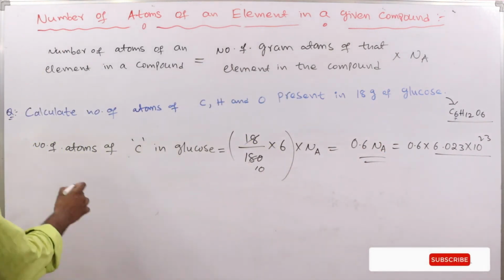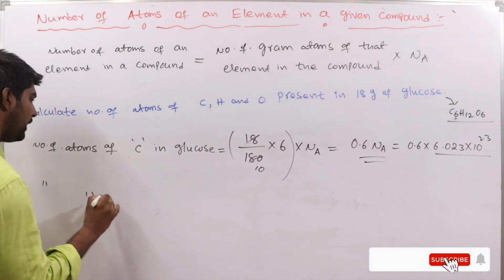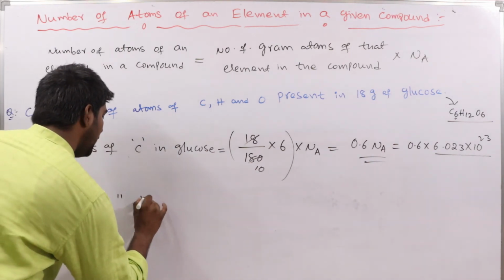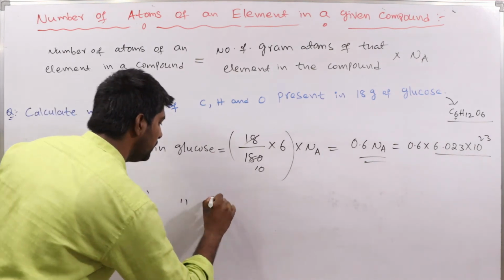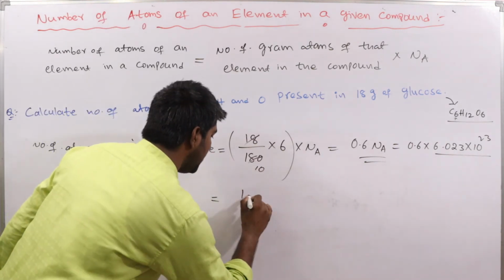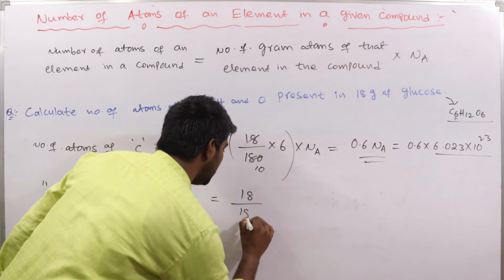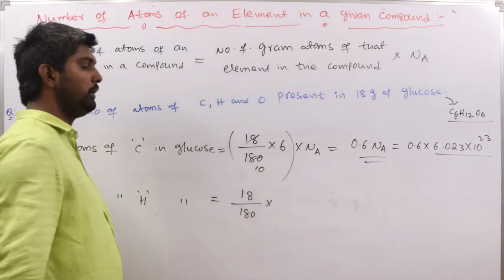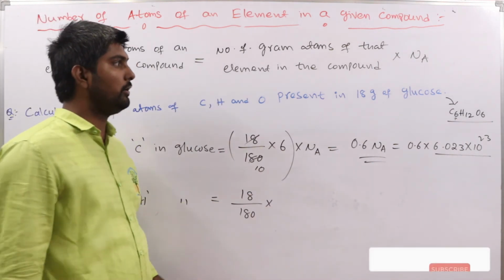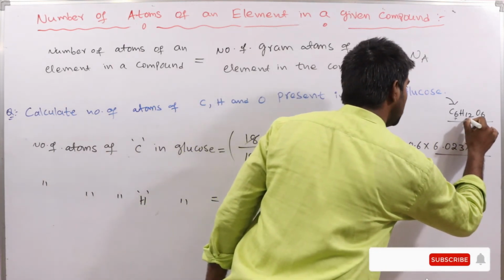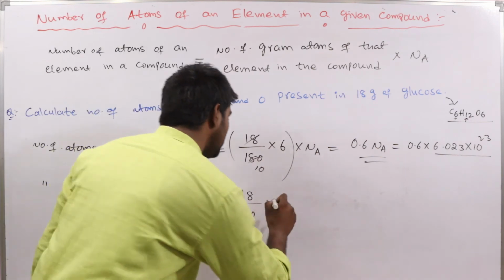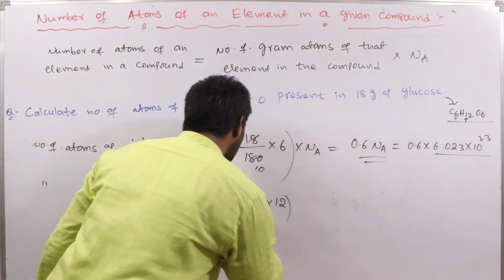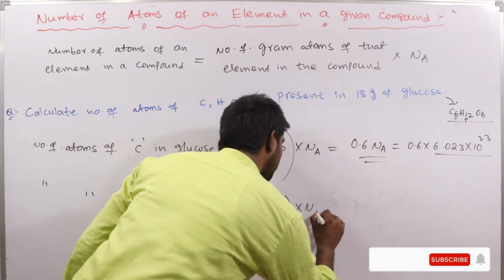Next, the number of atoms of hydrogen in glucose. Same again: weight of the glucose by gram molecular weight of the glucose into atomicity of hydrogen. How many hydrogen atoms are there? 12 hydrogen atoms are there in the glucose molecule, so atomicity is 12, into Avogadro number.